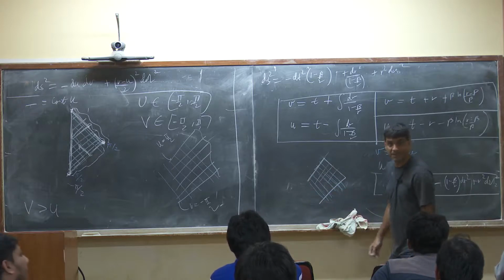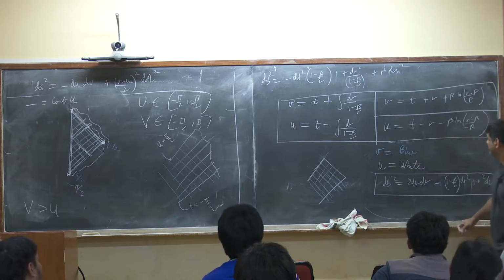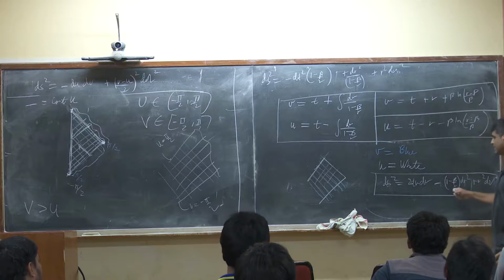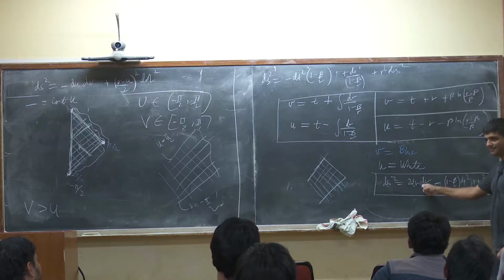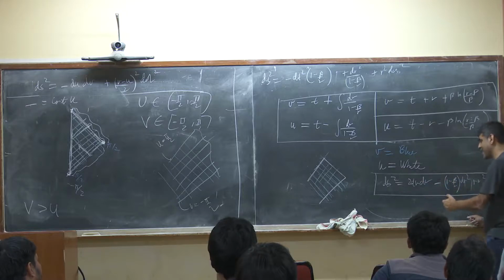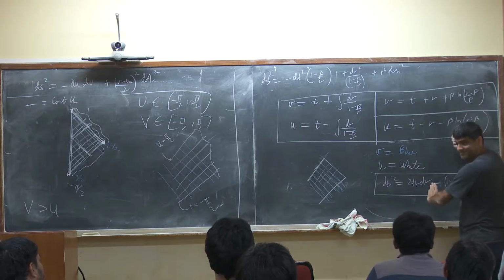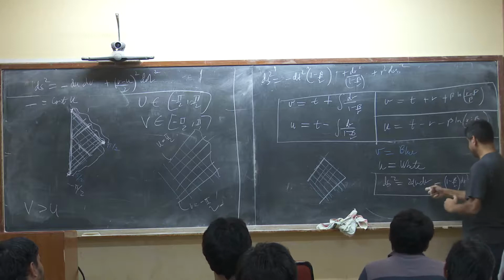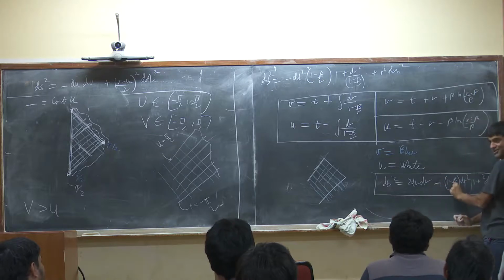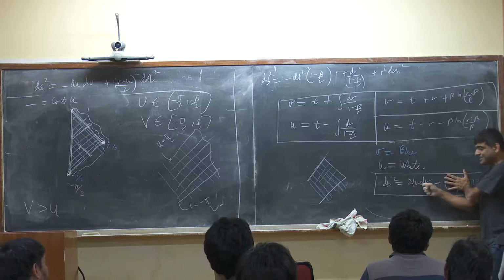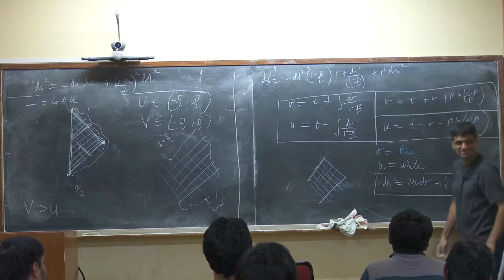But what is this r equal to beta surface? It is a line of constant r, along which v is varying. But if r is constant and equal to beta, this term is not there. So if r is constant and v is varying, ds squared is 0.